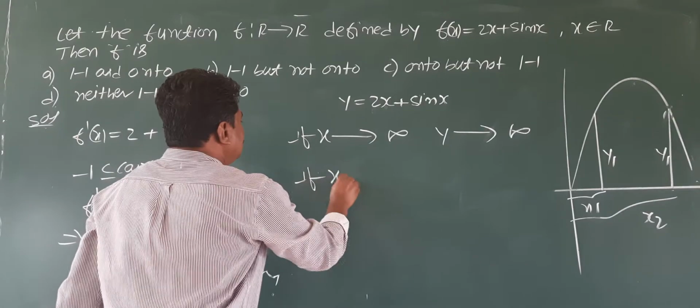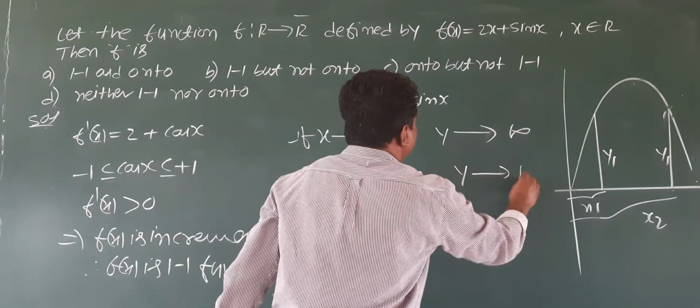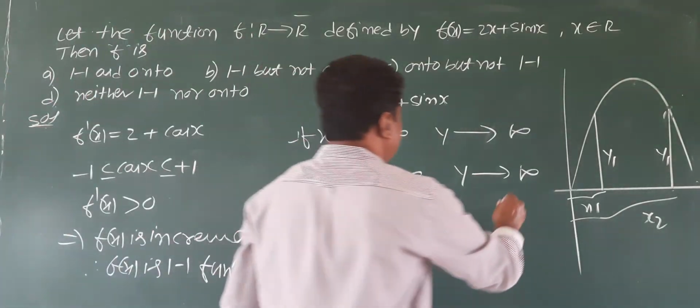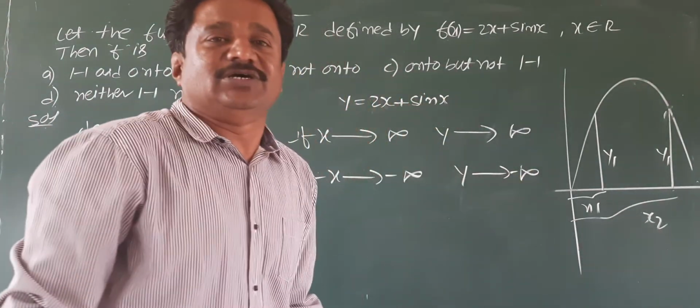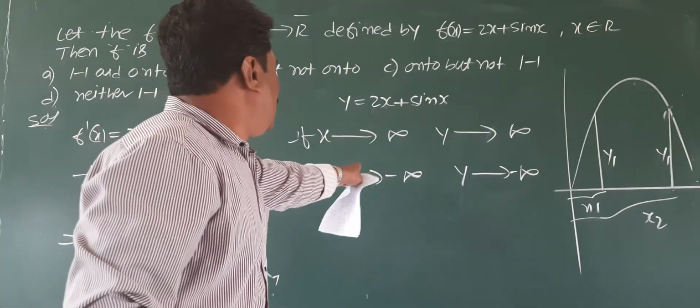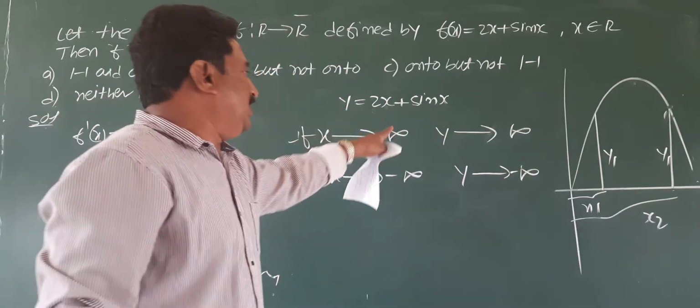If x moves towards minus infinity, y also moves towards minus infinity. So all y values are from minus infinity to plus infinity. Similarly, all x values are from minus infinity to plus infinity.